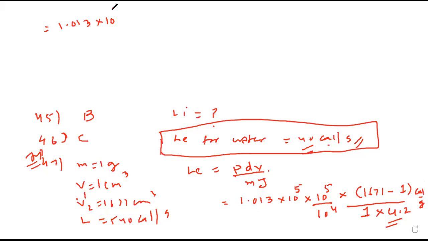1.013 into 10 raised to 6. 5 and 4, 10 raised to 6 it becomes. This much Newton, 1 Newton is 10 raised to 5, meter square is 10 raised to 4, into 1671 minus 1, 1670, upon 4.2.